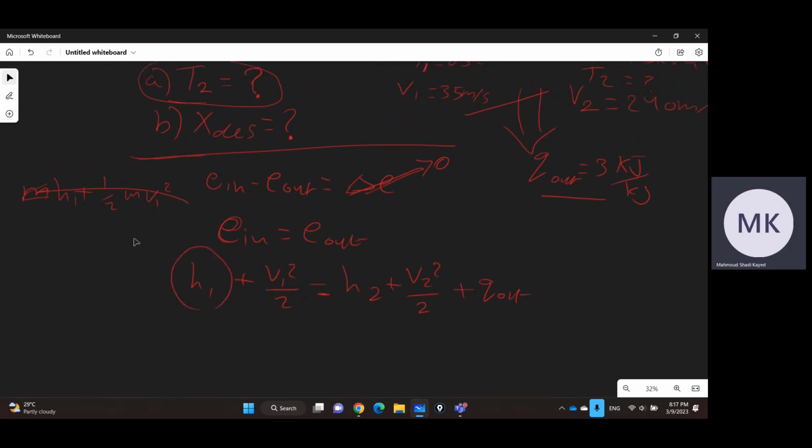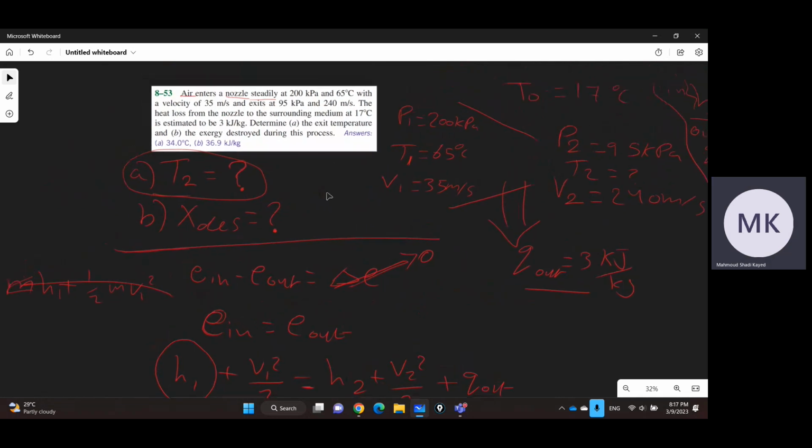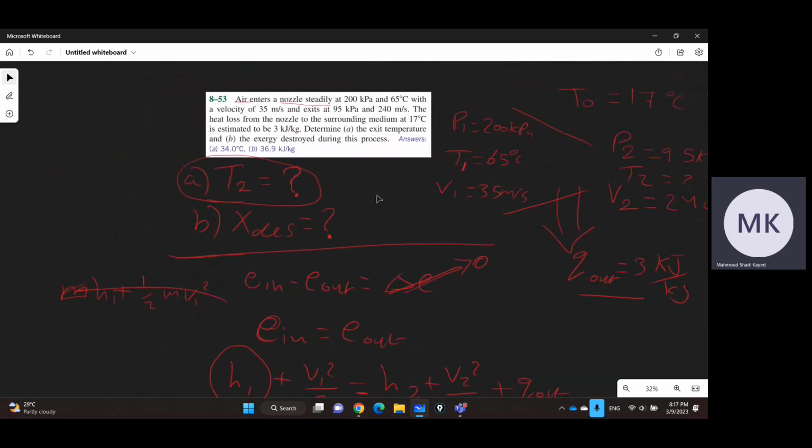Since we assumed variable specific heat, we can't use the equation for the enthalpy, which was delta H equal to Cp delta T. We don't know T2, so we can't use this equation, and of course we don't know Cp.